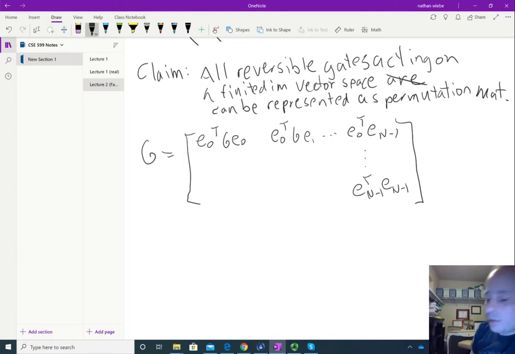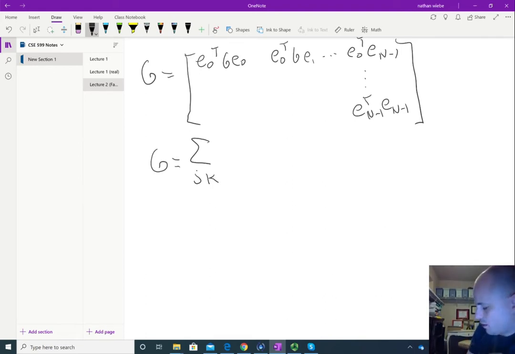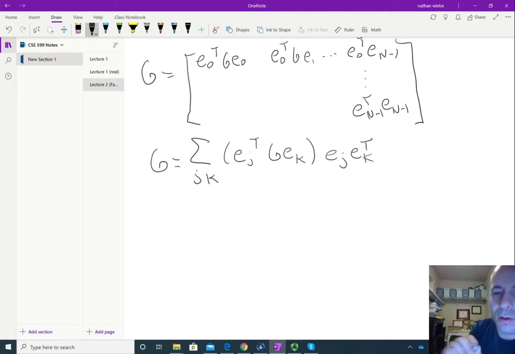It's going to be convenient for me to also use another representation for a matrix. This is a more algebraic definition for the matrix. So we can always end up expressing a matrix as a sum over J and K of the matrix element times the outer product. Okay.